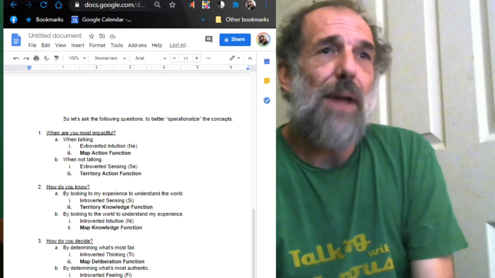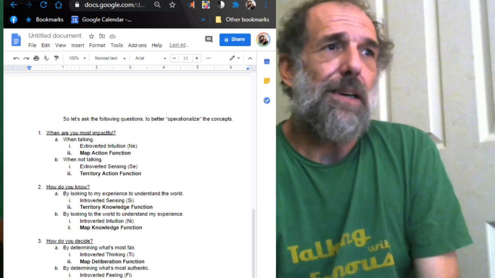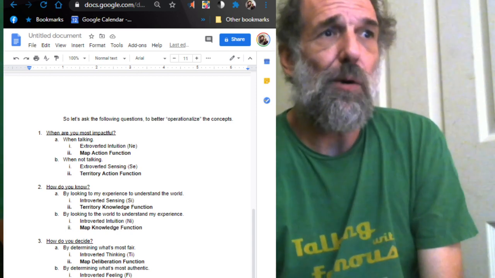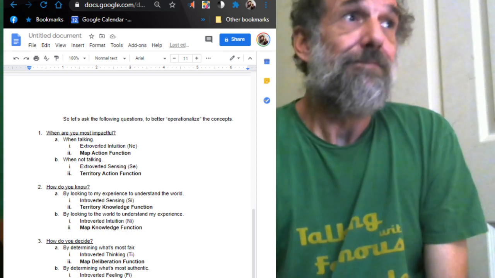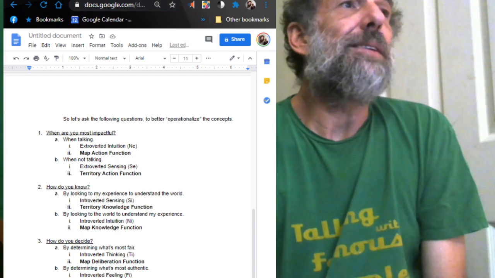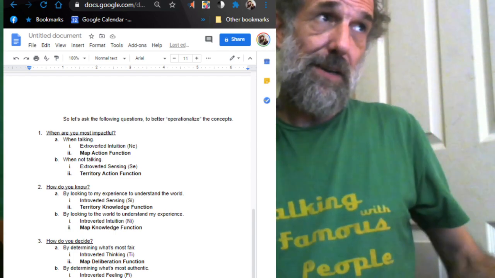And that's the map action function. You're putting information on the map. Or when not talking, then extroverted sensing. And you're just impacting the world. If I dig a hole, I'm not changing the map, I'm changing the territory. Extroverted sensing is that function. So, two kinds of action, talking and non-talking.